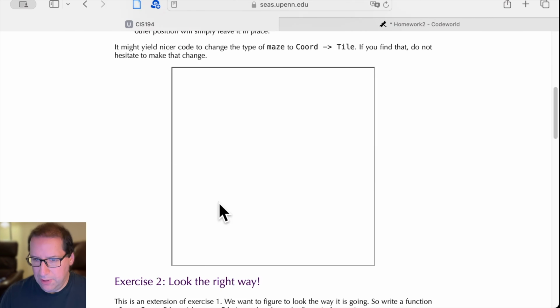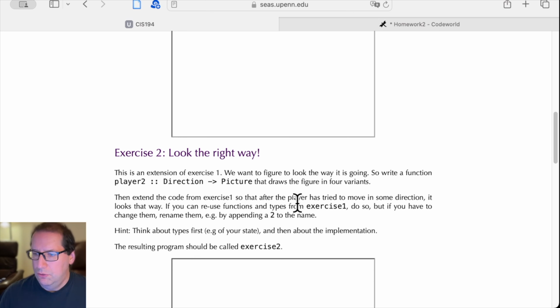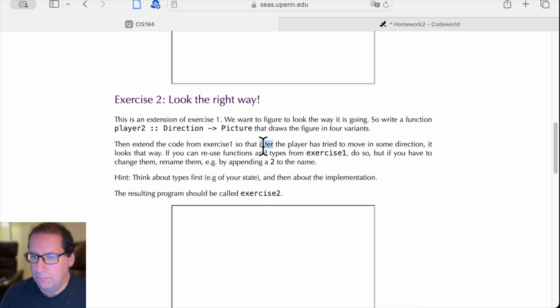So we can start thinking about Exercise 2. I think the key word in the description of this homework is the word after. The word after means we're introducing more knowledge of the state of the world.